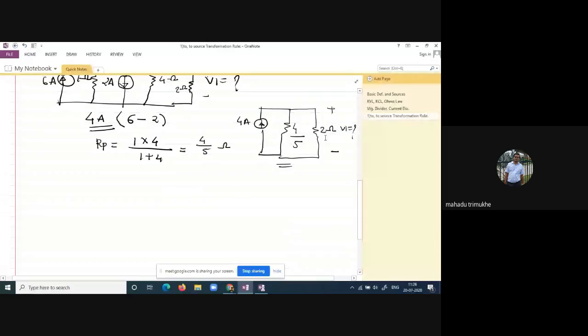Then we have to use the current divider rule. What is the current divider rule?